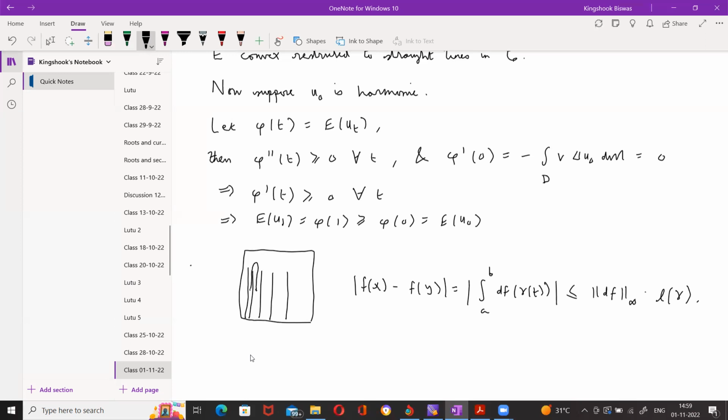And then what you're looking at is the norm of x minus y to the power alpha. So you can make this length divided by norm x minus y to the power alpha go to infinity.